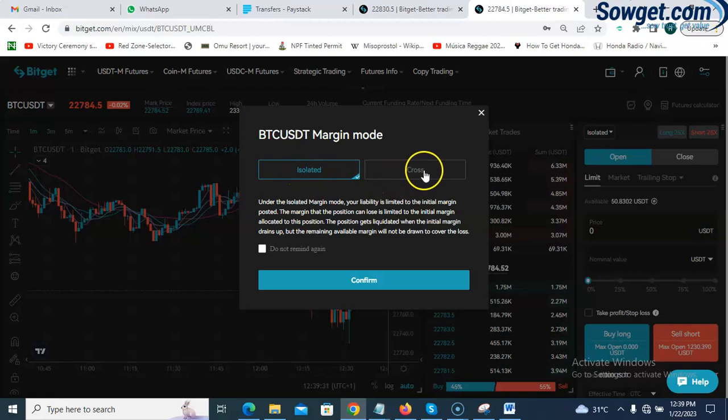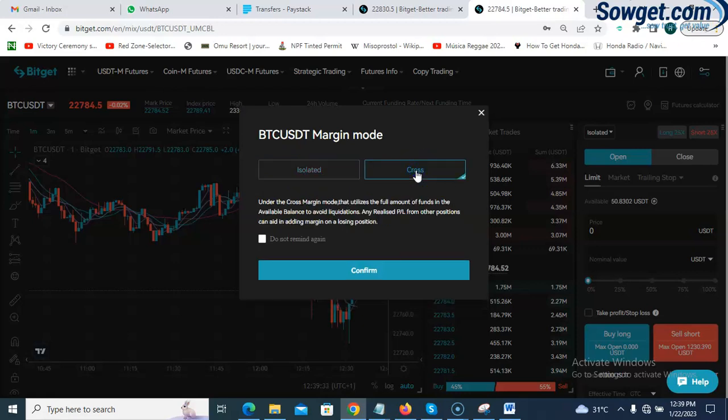The next one beside it is called cross margin. What cross margin does is that if you have different positions, or you have taken a trade, the risk of that trade, let's say when the market is in a negative position before it moves to positive territory, will be maintained with not only the margin of that particular trade, but the entire balance in your USDT futures wallet, which is what you are seeing here.